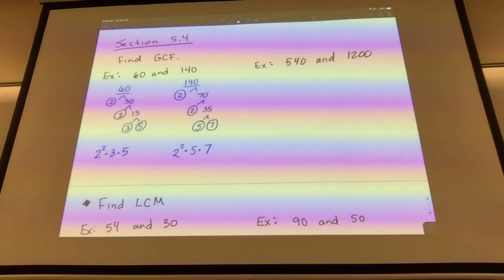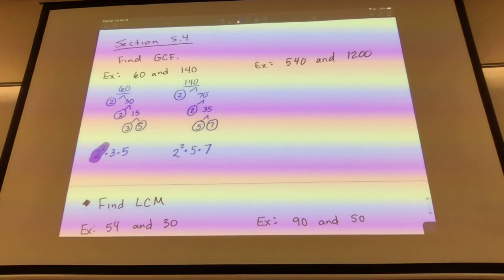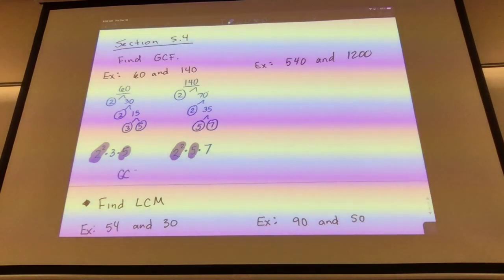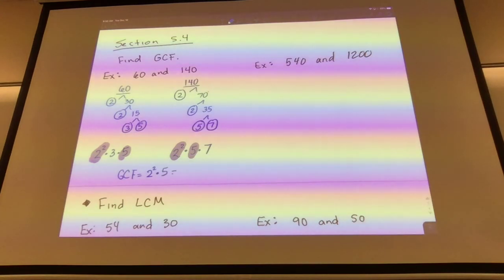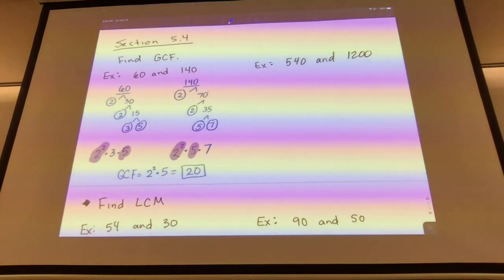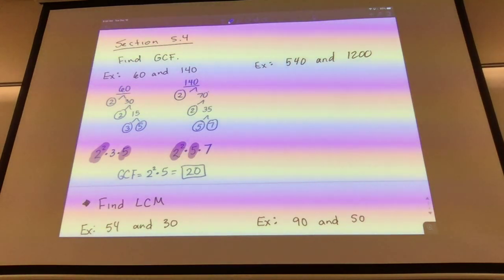All right, so what are the things that they have in common? The greatest things that they have in common, and what else? Good. So my GCF is going to be 2 squared times 5, which is 2 squared is 4. 4 times 5 is 20. Okay, that's one way. That's using the factor tree.